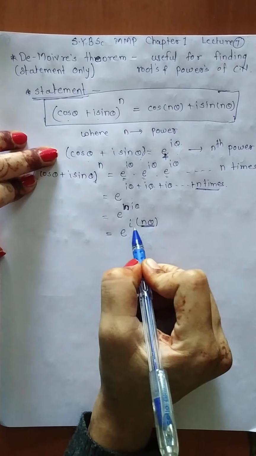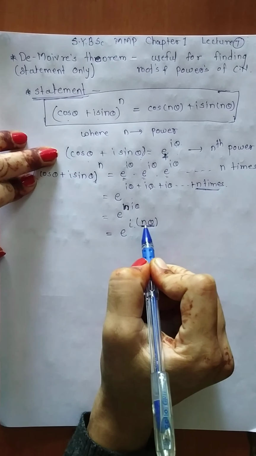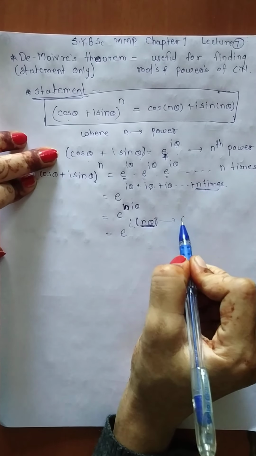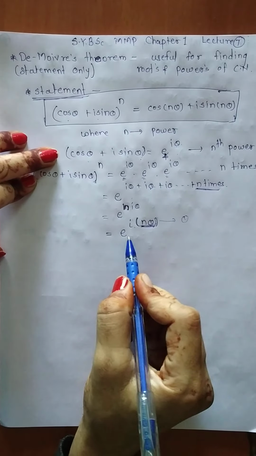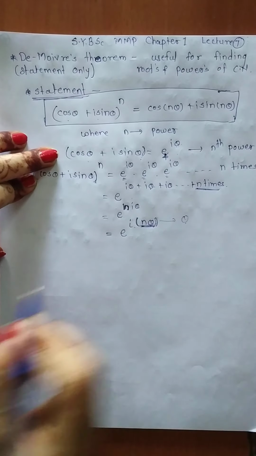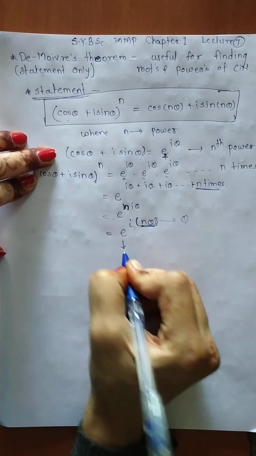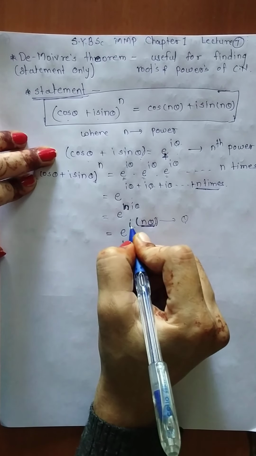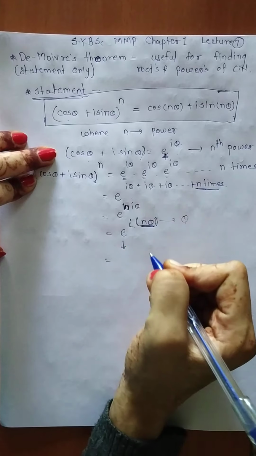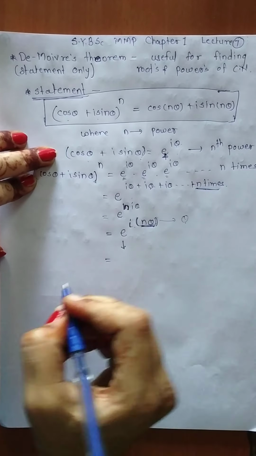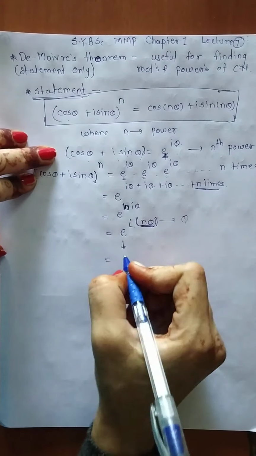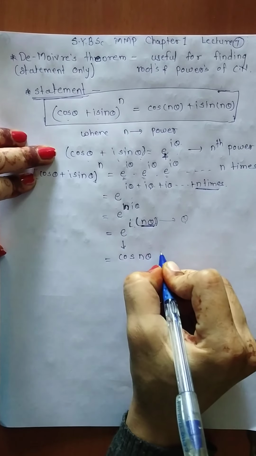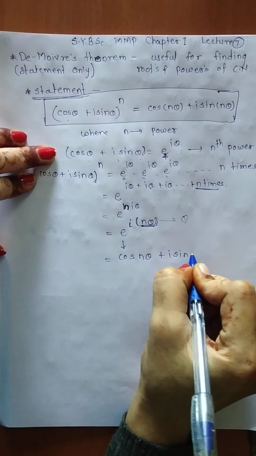Now we have I n theta, so n theta is now our theta, the power of e raised to I into n theta. Excluding I, the remaining term is theta. So when I apply Euler's formula again here, I will get cos n theta plus I sin n theta.